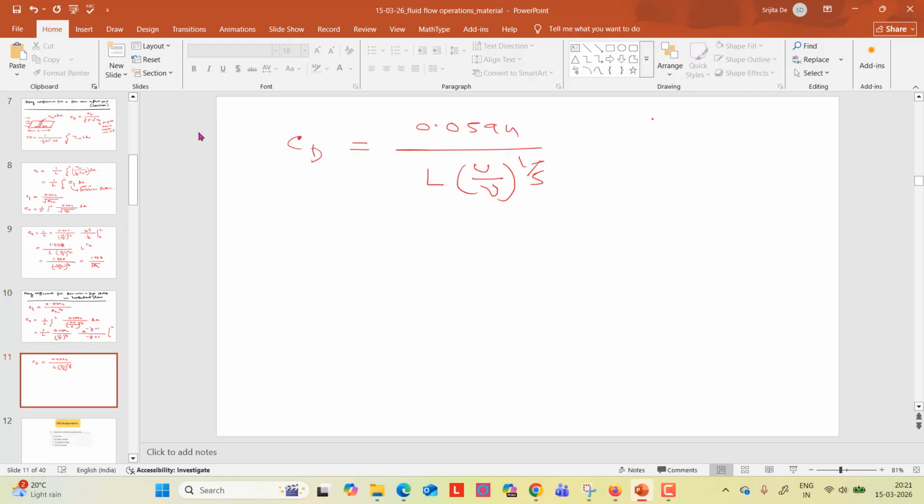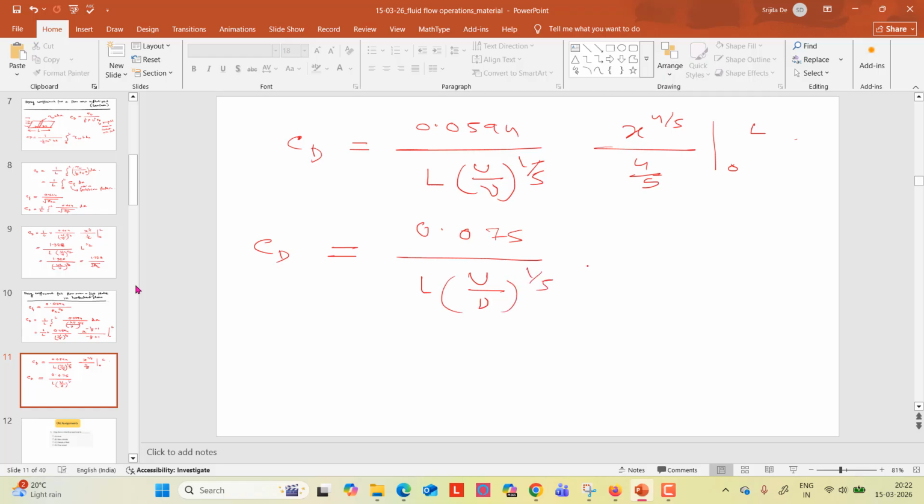So it is x to the power 4 by 5 by 4 by 5 from 0 to L. Now if you multiply this with 5 by 4, it is almost 0.075 divided by L, (U by nu) to the power 1 by 5, into L to the power 4 by 5.